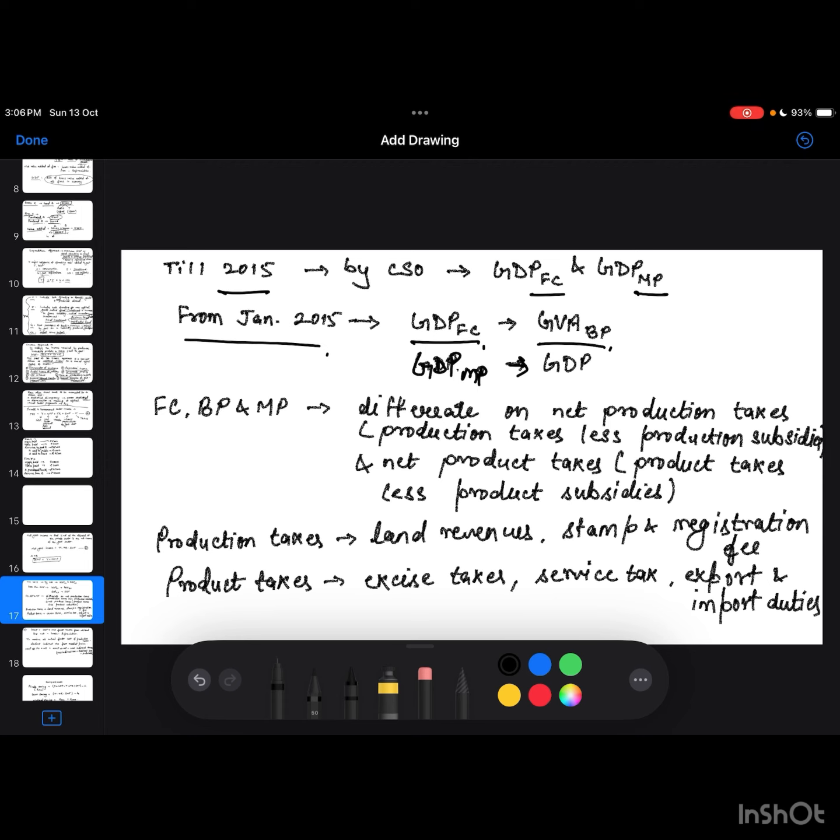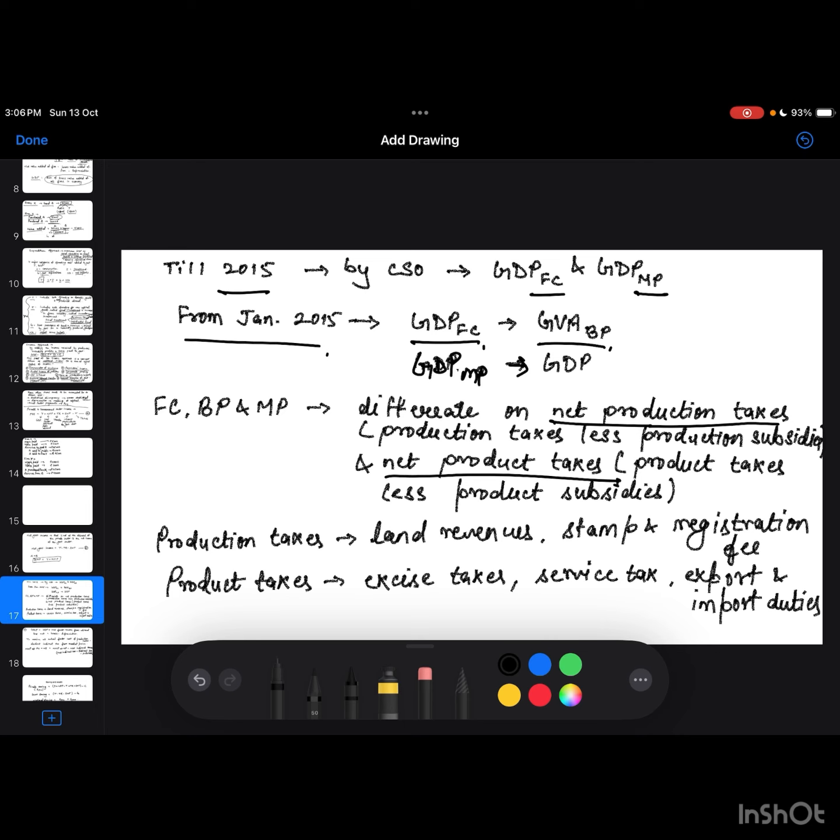Now factor cost, basic price and market price are differentiated on net production tax and net product tax. Net production taxes are production taxes, production tax is on production, and if we subtract the production subsidy from the production tax, then we will get the net production taxes, and if we subtract the product subsidy from the product tax, then we will be left with net product taxes.